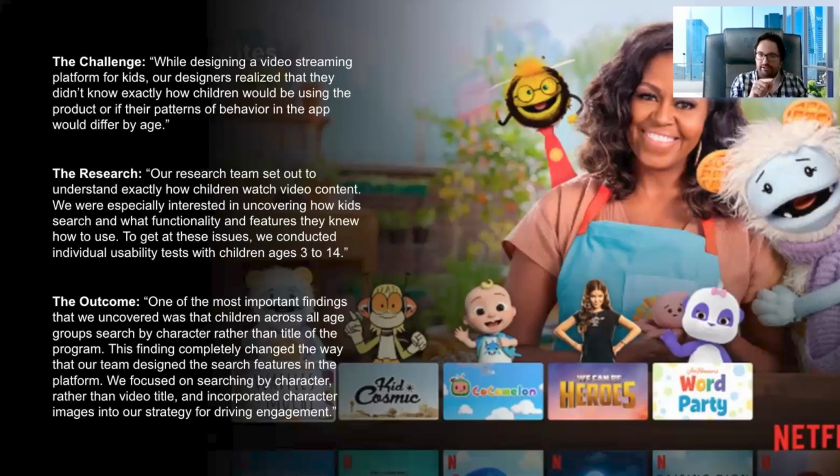So the finding completely changed the way this was designed, and they focused on characters rather than the video title. Let's say you're trying to find SpongeBob. This is something I actually saw yesterday. Netflix does this for the kids row. They focus their imagery, their titles, and their search on characters.